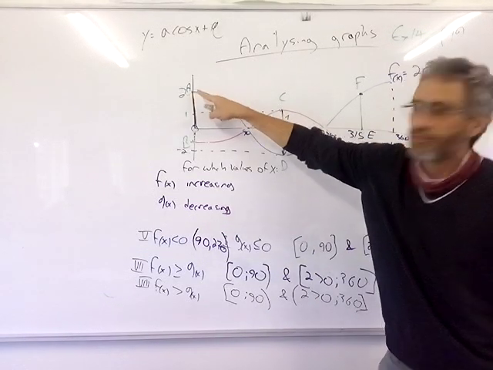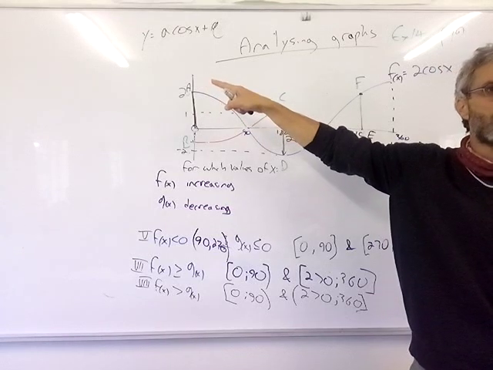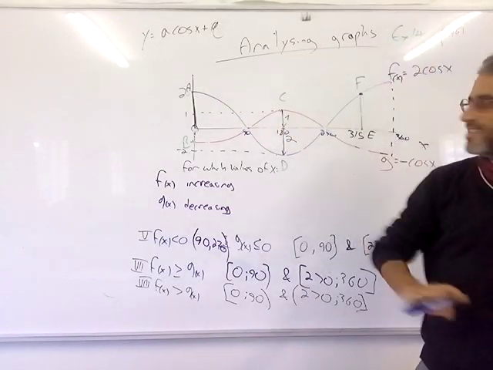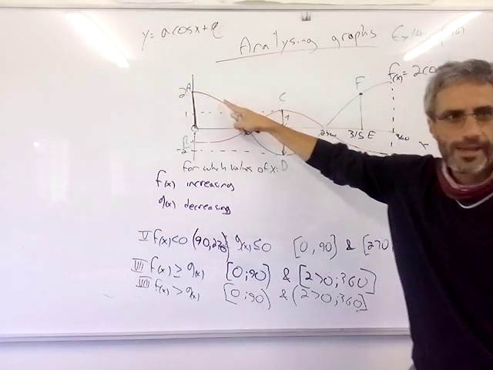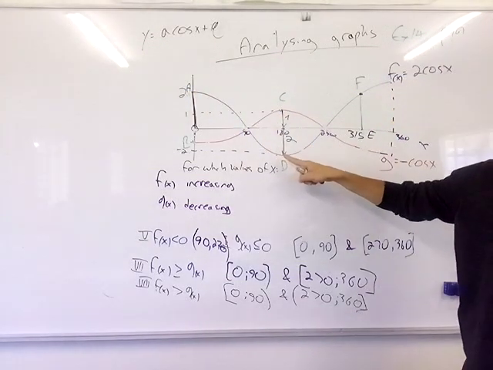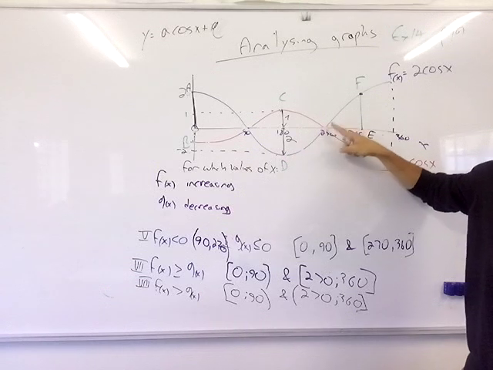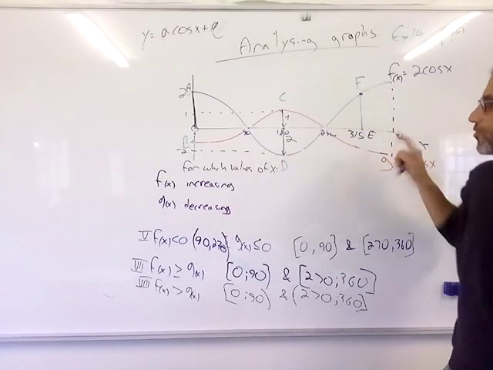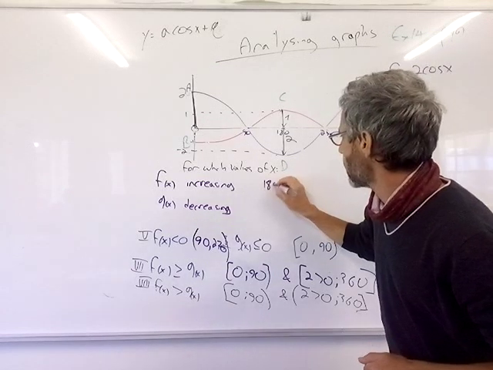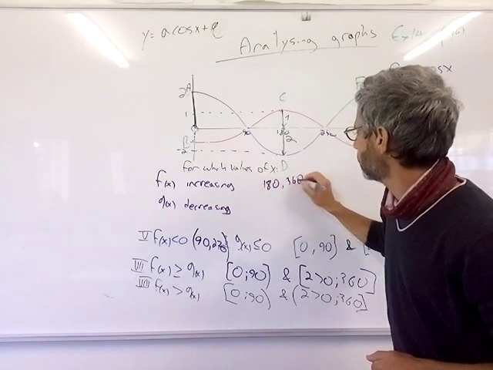Can you see this graph? Imagine that you are on a super tube slide. Here we're going down. Whee! And now we go up, climb. So when is it increasing? From 180 to 360. So we write 180 to 360.